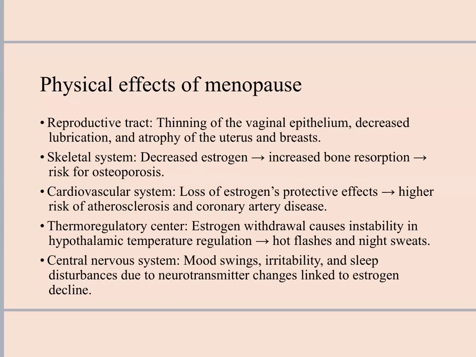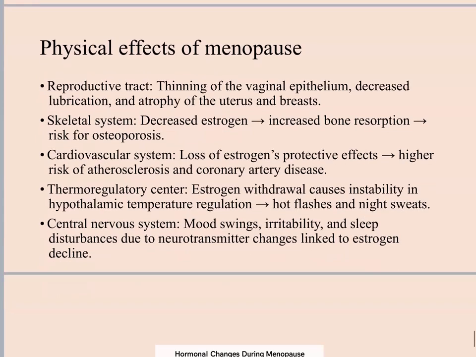So the physical effects of menopause on the reproductive tract: you have thinning of the vaginal epithelium, decreased lubrication, and the uterus and the breast atrophy. So they get smaller. There is a decrease in estrogen that leads to increased bone resorption, which means the bones break down.